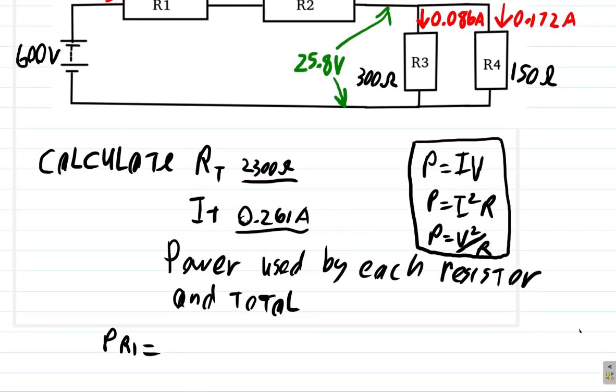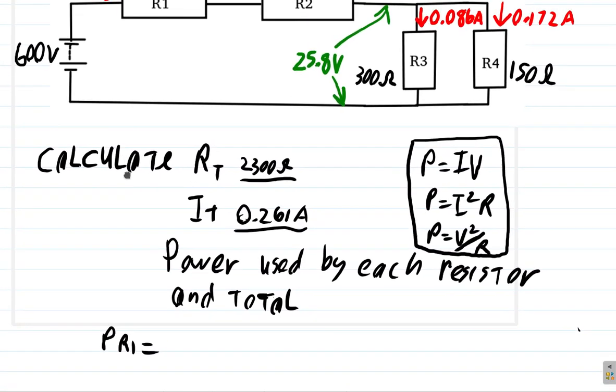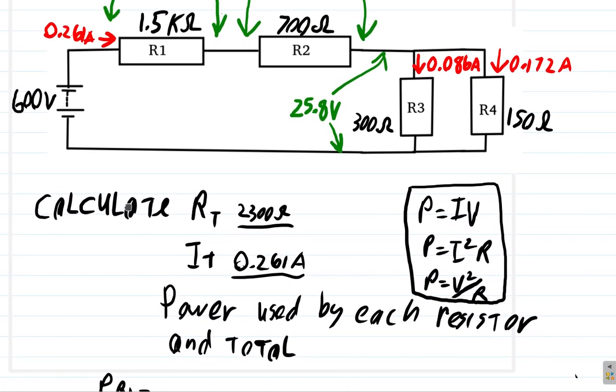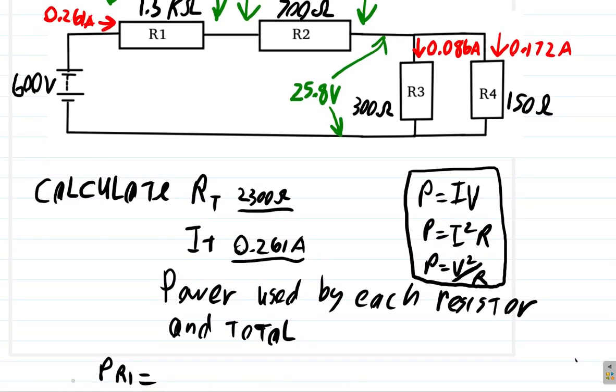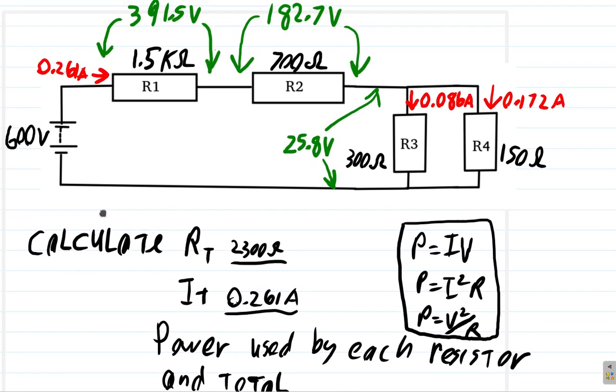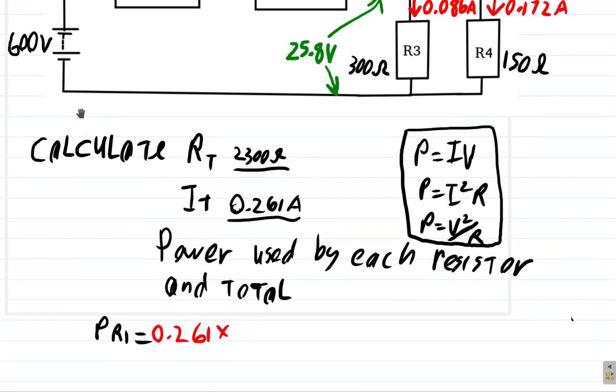Anyway, let's use P equals IV here. The current is 0.261 amps, so P equals 0.261 amps times the voltage drop, which was 391.5 volts.